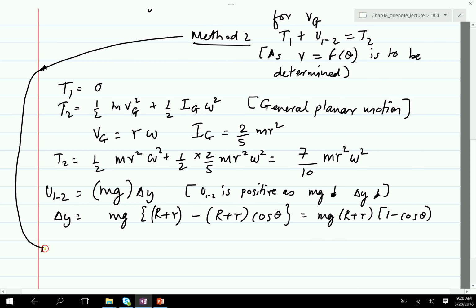Okay, so we are all set to find the work done. So let's just write this down. T1 is 0 plus U12 is mg times capital R plus small r times 1 minus cosine theta, and then T2 is 7/10 m r square omega square.